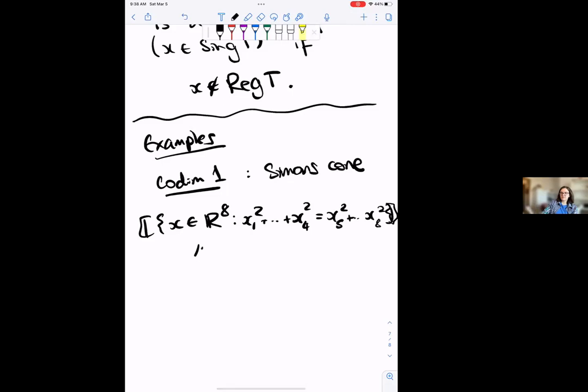I can also write this as the cone over S3 cross S3. Bombieri, De Giorgi, and Giusti showed, I think in 69, that this is area minimizing.